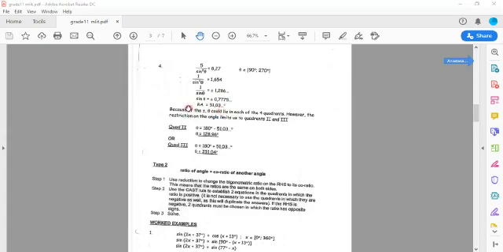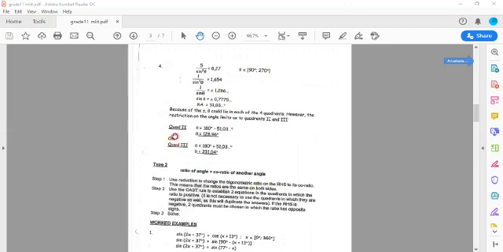Now, if you look here, they told us that sine can be plus or minus. That means it can fall in all 4 quadrants. But they told us it must be between 90 and 270. So if it must be above 90, that means the first quadrant is not applicable. And if it's below 270, then the fourth quadrant is not applicable. So it can only be found in the second and third quadrants.